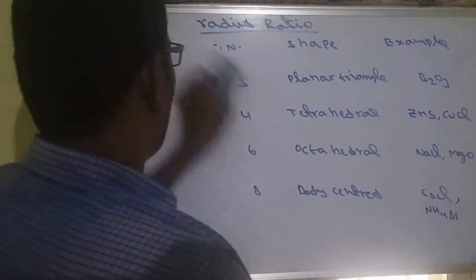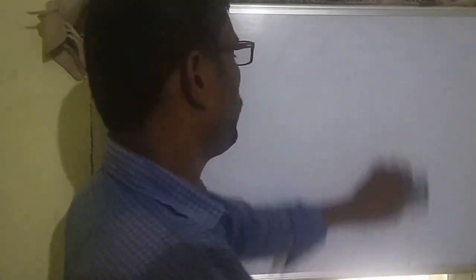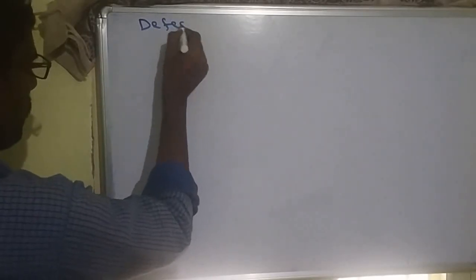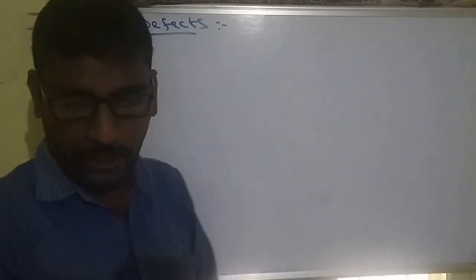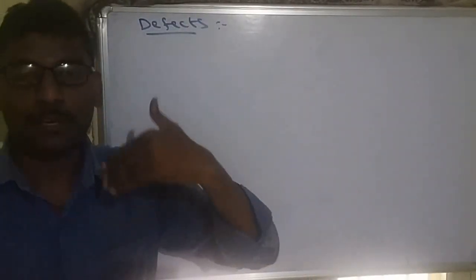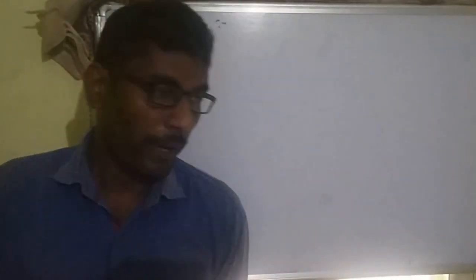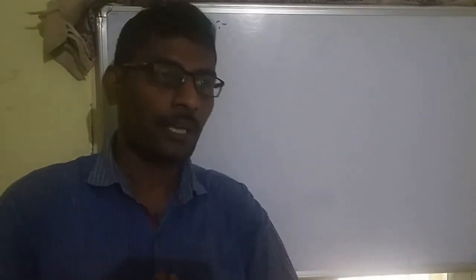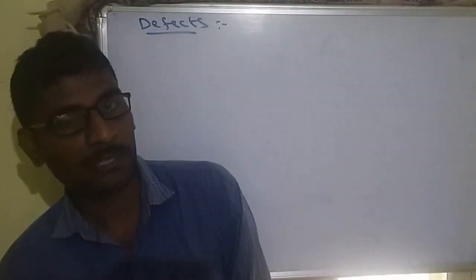So next we will see the next topic. This is also an important topic: defects. In solids, defects are also most important. Defects are also called imperfections in solids. As we know, crystalline solids have a regular repeating arrangement in three-dimensional geometry.